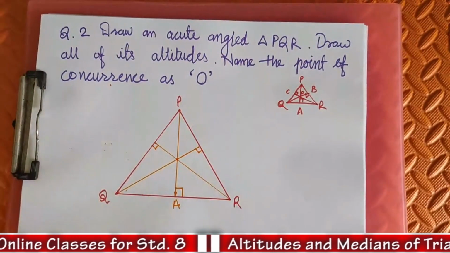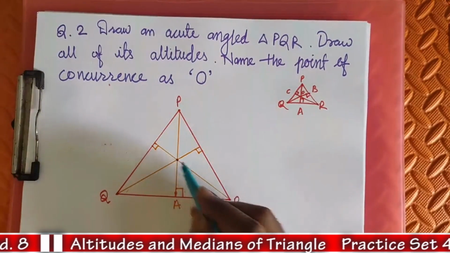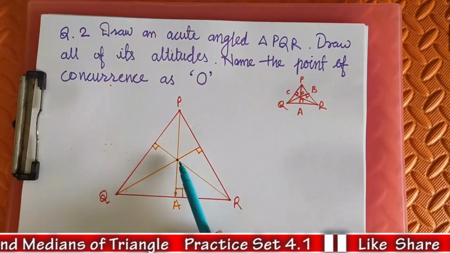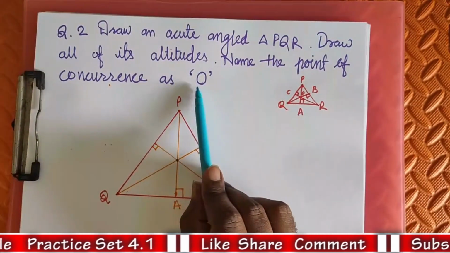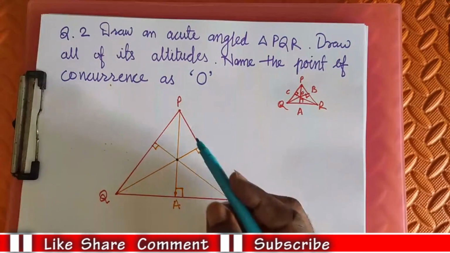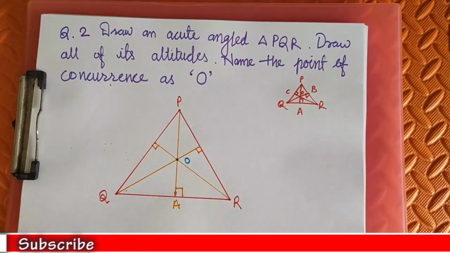It should pass through a single point, as altitudes are concurrent, and this point of concurrence, it is asked to name as a letter O. So I will give your name. Point of concurrence is O. This is the answer of question number 2.